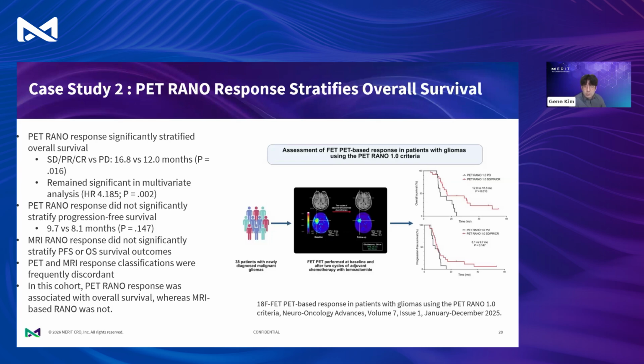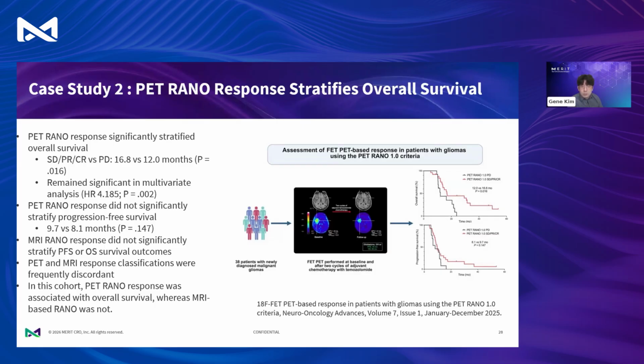It is worth noting that PET RANO response did not significantly stratify progression-free survival in the cohort, which was 9.7 versus 8.1 months, with a p-value of 0.147. That is an honest finding and one worth acknowledging, because it suggests the metabolic signal has stronger prognostic value for overall survival than PFS in this setting, and that distinction matters for endpoint selection. MRI RANO 2.0 did not significantly stratify either PFS or OS, and the PET and MRI classifications were frequently discordant.